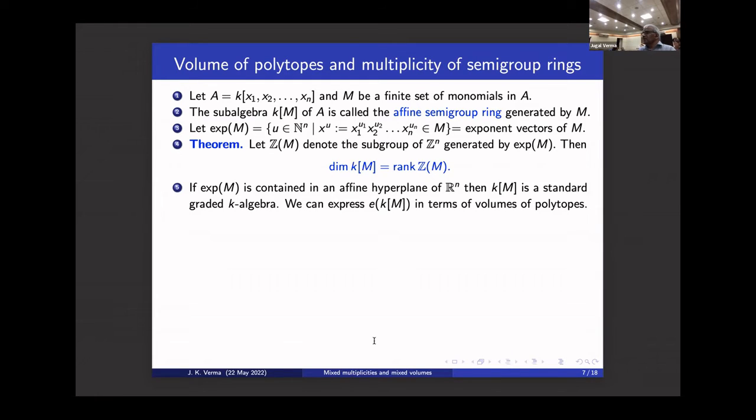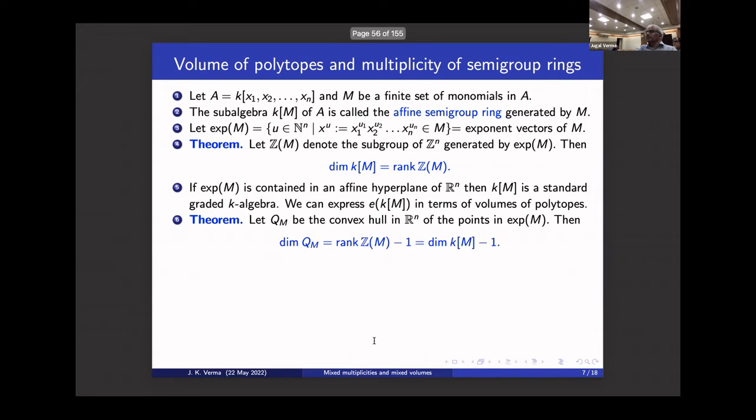Okay. So how to get the polytope? Well, let Qm be the convex hull in Rn of the exponent vectors. So I start with finitely many monomials, and we plot them in the n-dimensional space and take the convex hull. That is the polytope that I'm going to associate with this semigroup ring. Then the dimension of this polytope is 1 less than the true dimension of the semigroup ring.